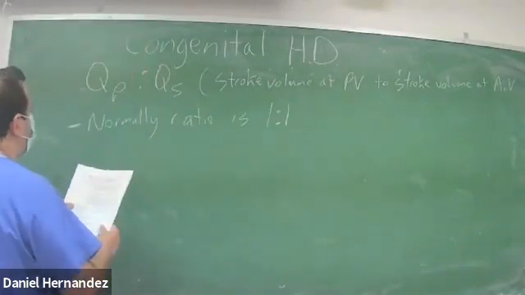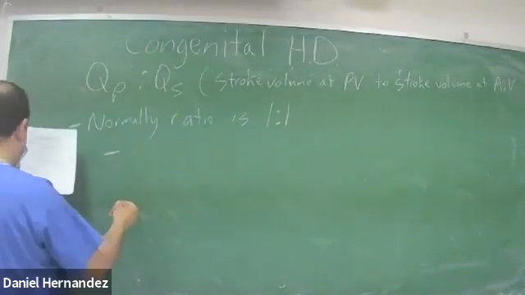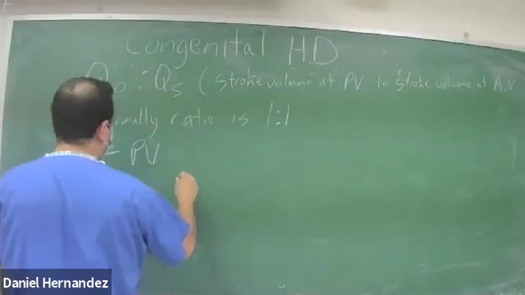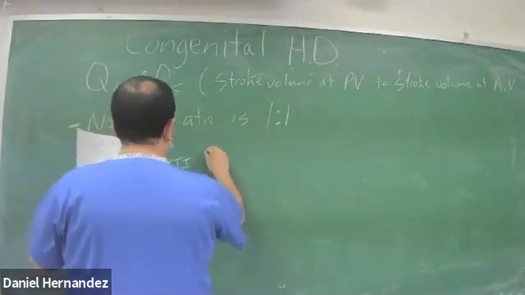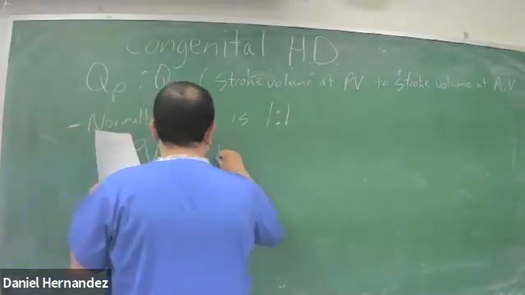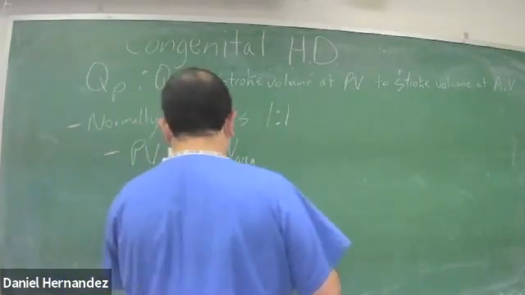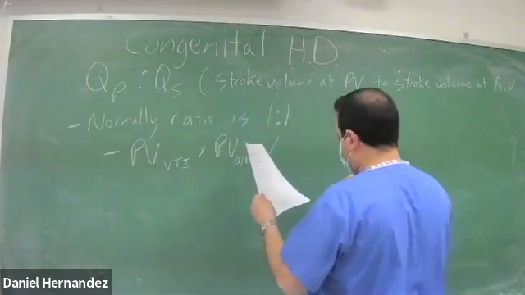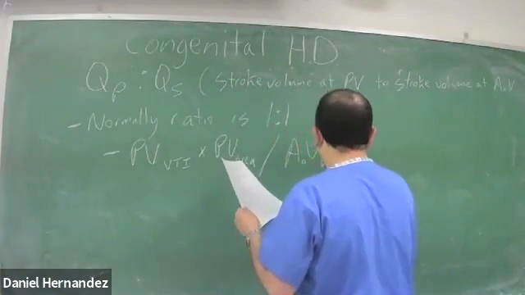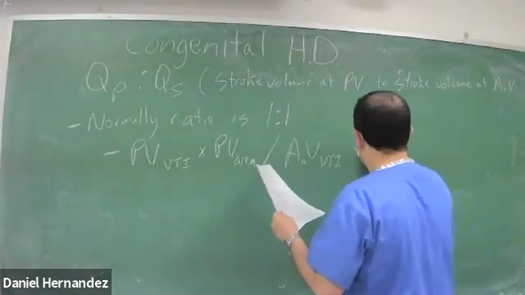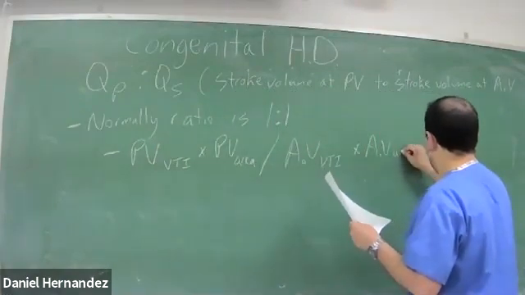So the way this QP to QS formula works, it's going to be our pulmonic valve VTI times pulmonic valve area, divided by aortic valve VTI times aortic valve area.